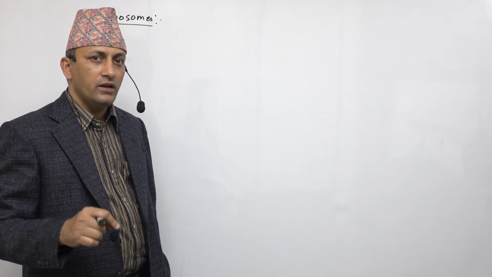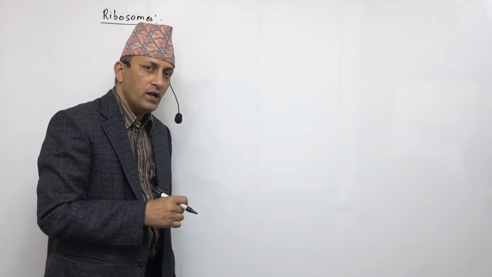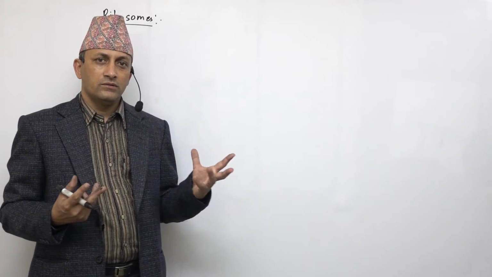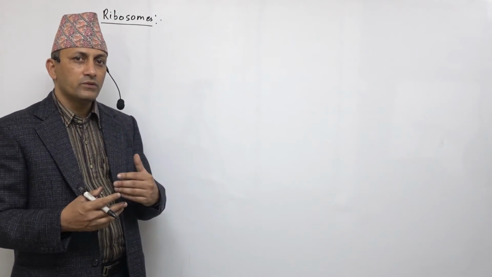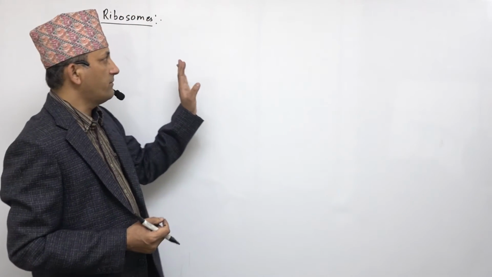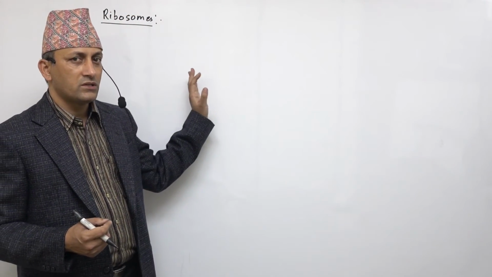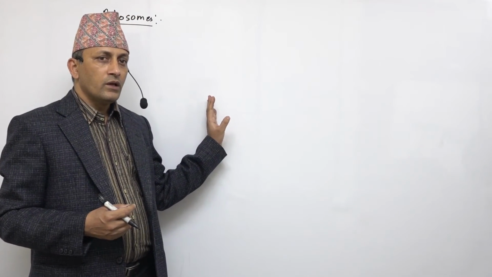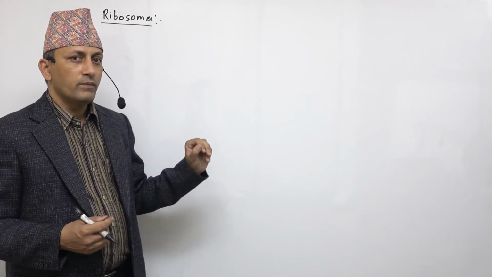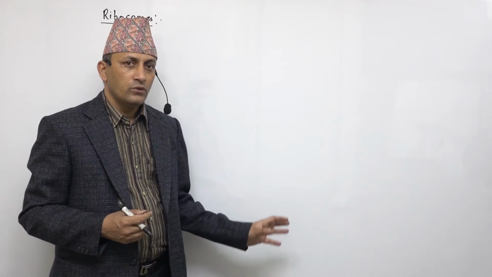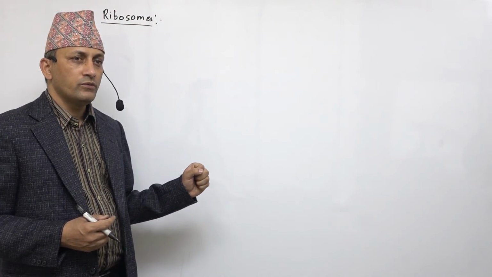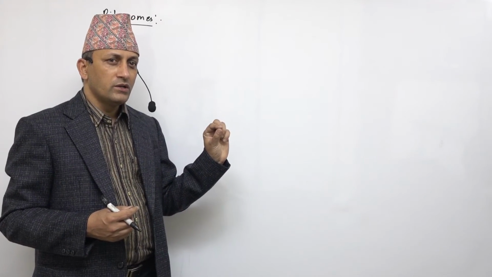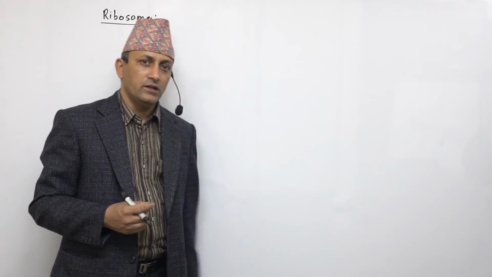This is membraneless. यो भन्दा अगाडि पढेकोमा हामीले चर्चा गर्यौं कि कुनै सेल अर्गेनेल्समा दुईटा membrane हुन्छ, कुनैमा एउटा हुन्छ, but this is membraneless and the smallest cell organelle, and you cannot see ribosomes with the help of a compound microscope. So we need to use an electron microscope if you want to see the structure of ribosome.